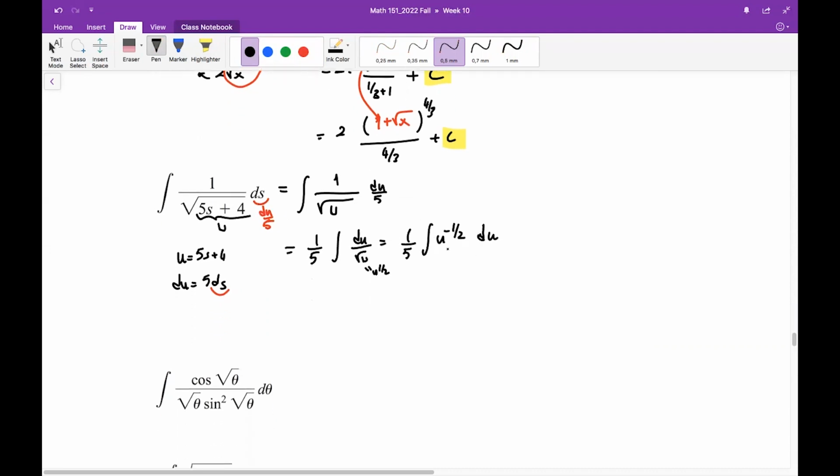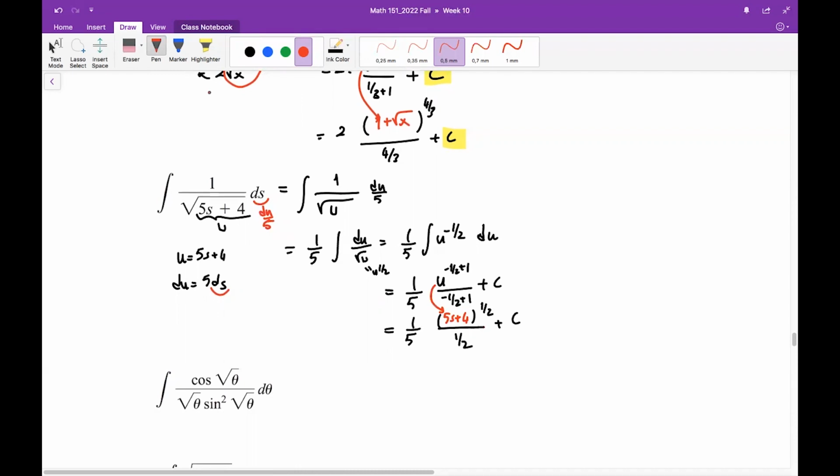And then once you see it as a power function like this, you can easily integrate it because all you need to do is add 1 to the power, divide by the same power. Don't forget to put this arbitrary constant c, and then the result is u to the power 1 over 2 plus c. Now I am doing back substitution. u was 5s plus 4. Okay, so like this.